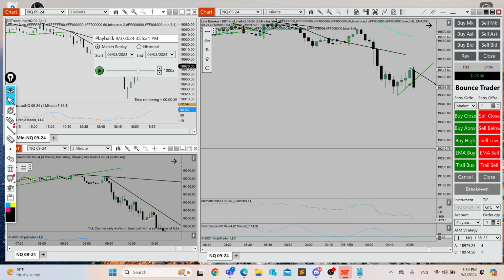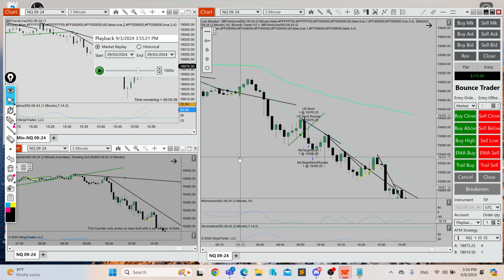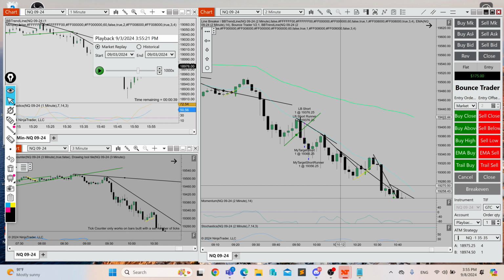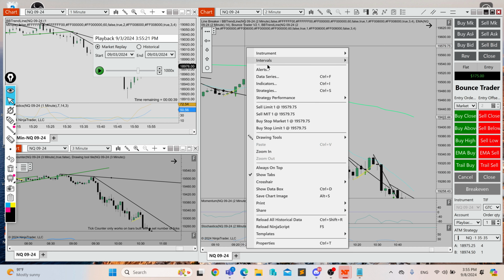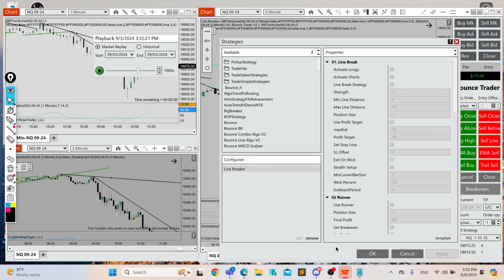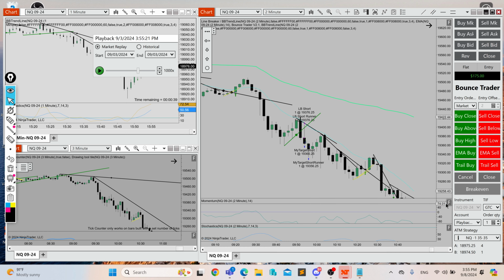Like if we're breaking, see, we broke here to the upside, but it would be invalid because at 10:24 we still have a black line. We still have our trend to the downside, so this would be invalid because they don't agree.